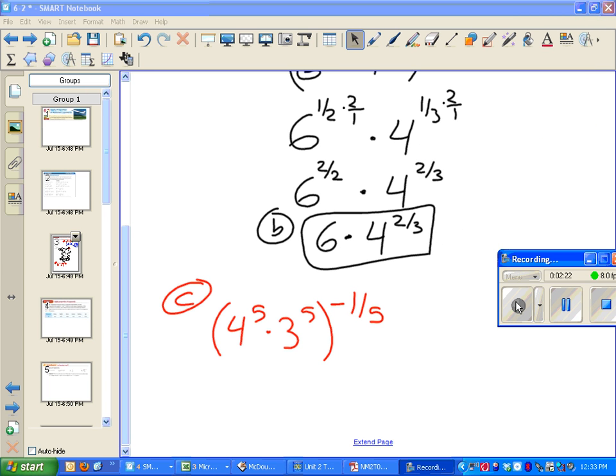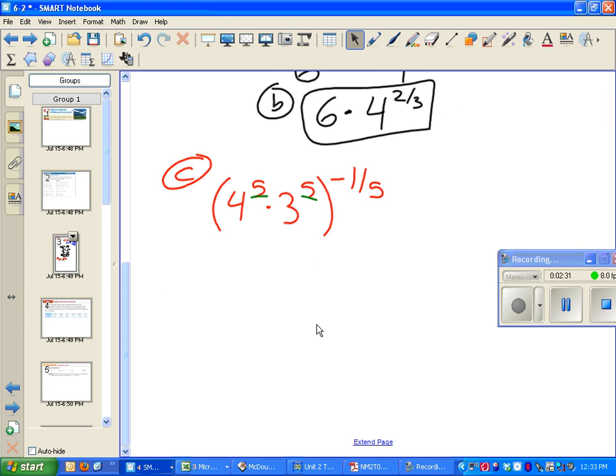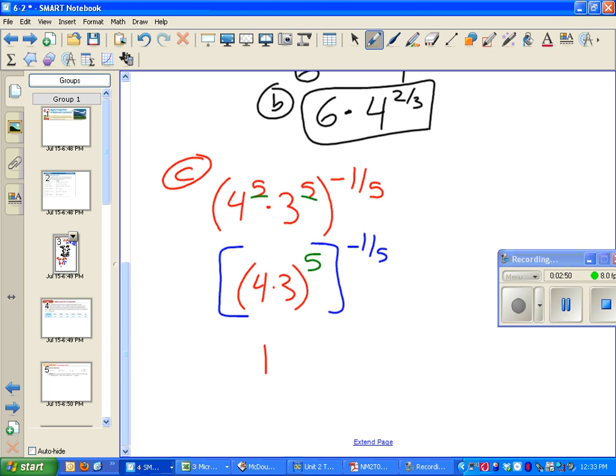Okay, for C, notice we have the same exponent on the base 3 and 4. So I'm going to combine those into 4 times 3 to the 5th power, so undistributing, and then all of that is raised to the negative 1/5 power. Sometimes that's a lot easier. So inside we have 12, and then we're going to multiply the exponents.